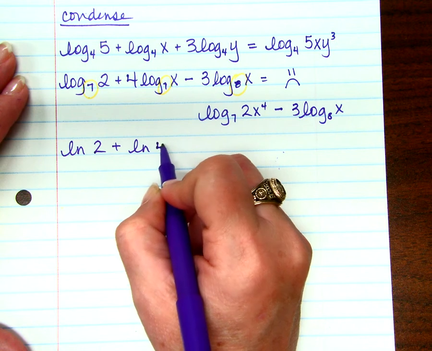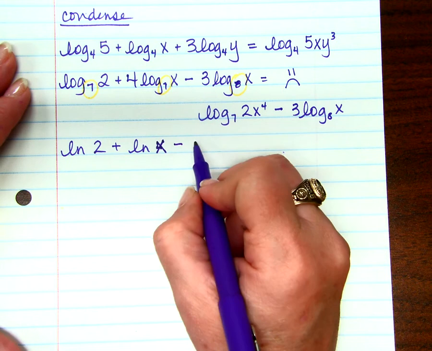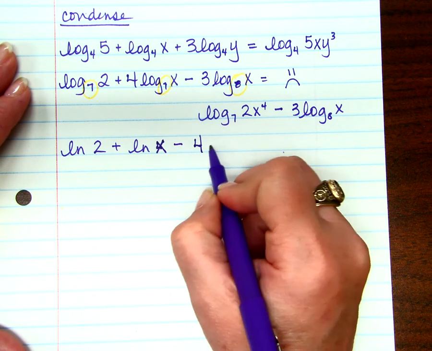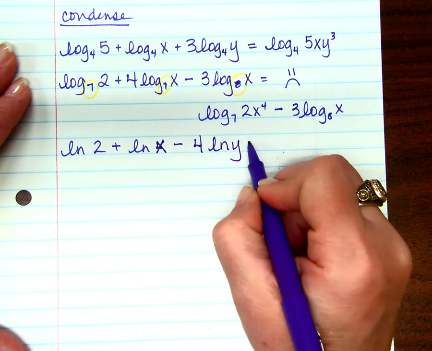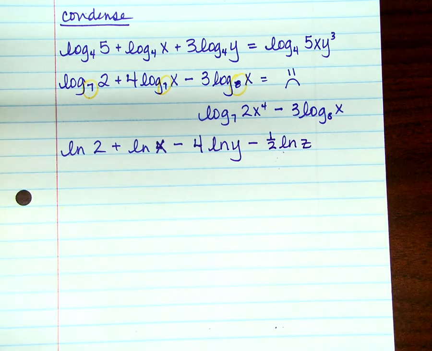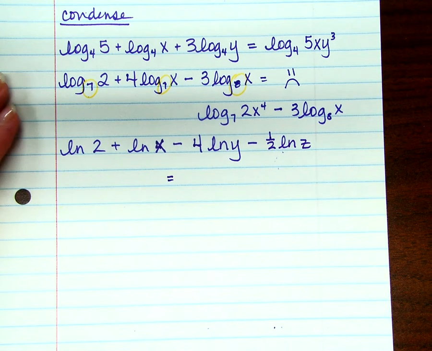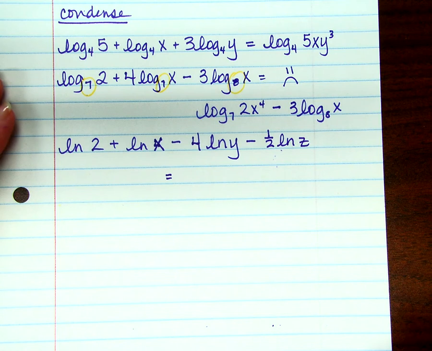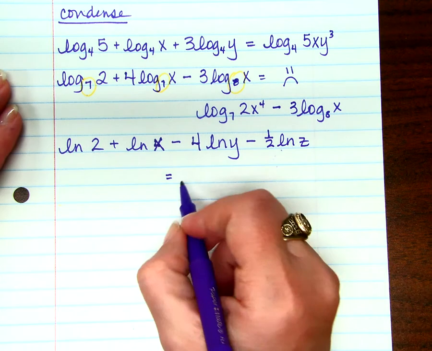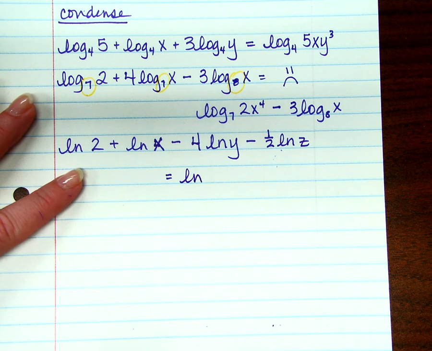I don't know what that's supposed to be. I think it's supposed to be an x. What is that if I condense it? Do all the logs have the same base? What's the base? E, right? So we just have to write ln. It's natural, correct? So what do I get?